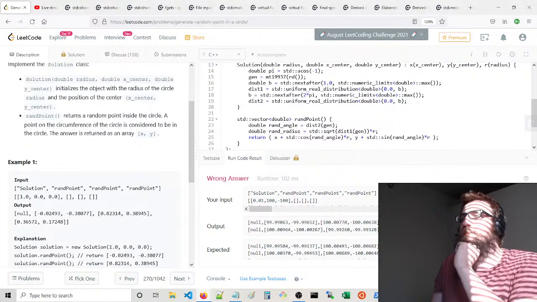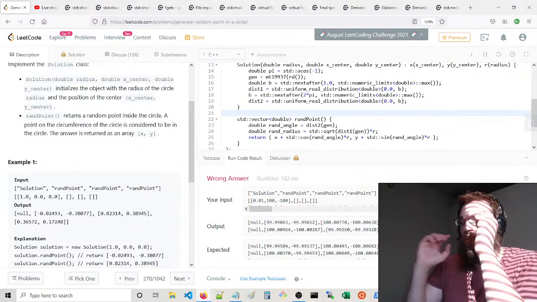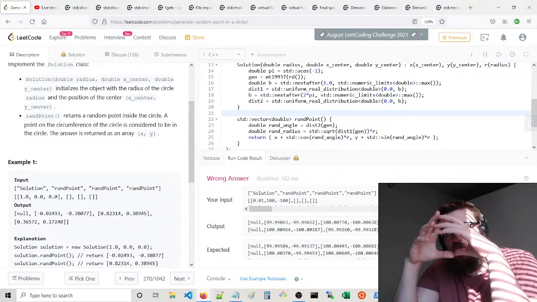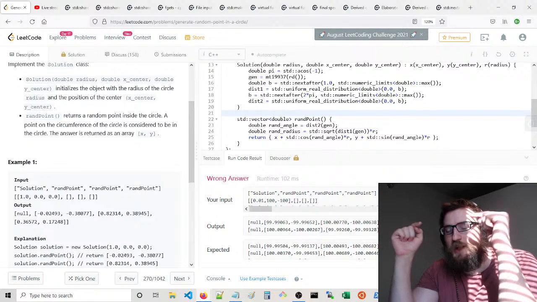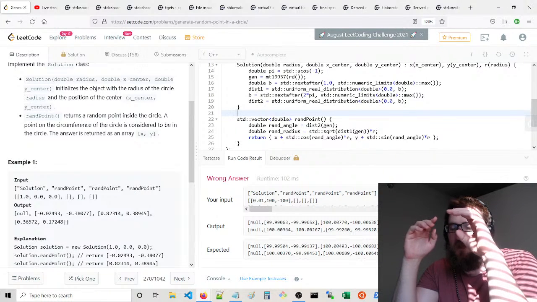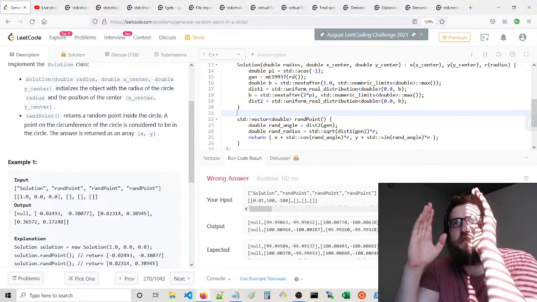So, the reason why you take a random number from 0 to 1, take the square root of it, and then multiply by the radius, is because, think of a circle, right? Because you're getting points in the circle, there's more area for the points that are furthest out. Let's say you made a circle with half the radius.